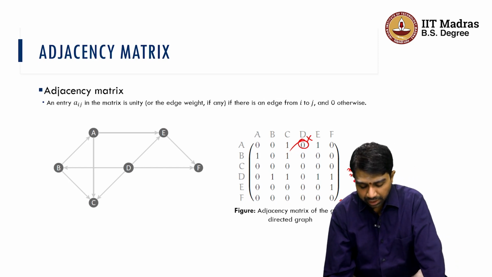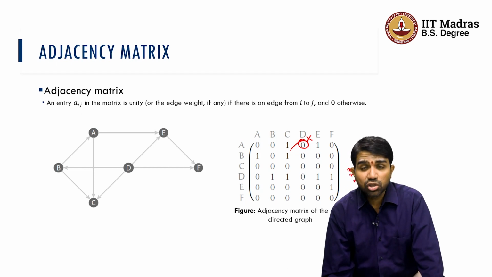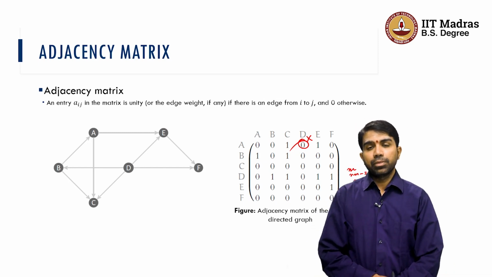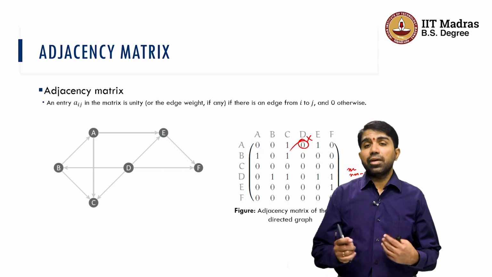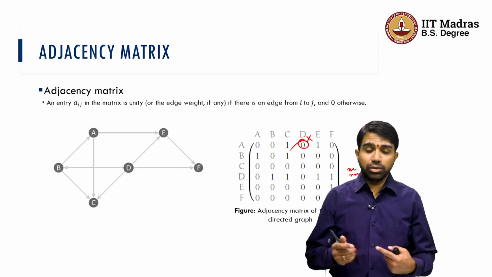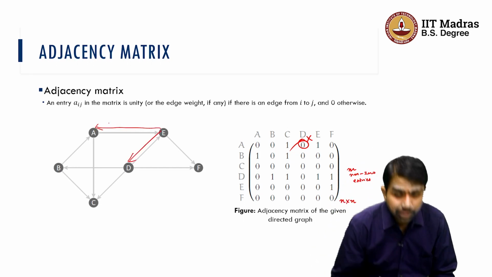You can see that there are 9 non-zero elements in this graph because there are 9 edges. You can see that this matrix is not symmetric in the case of a directed graph, unless every edge is there in both directions, right. So, if you had all of these edges too, then you would have a symmetric matrix.